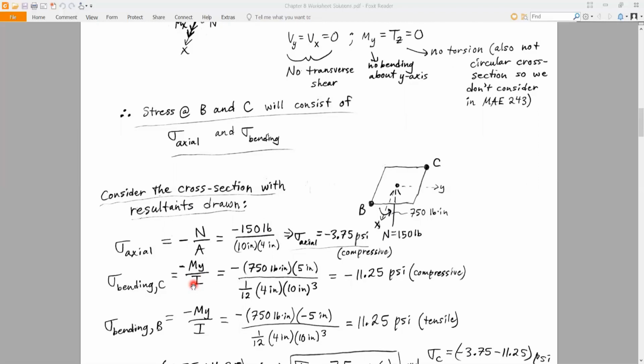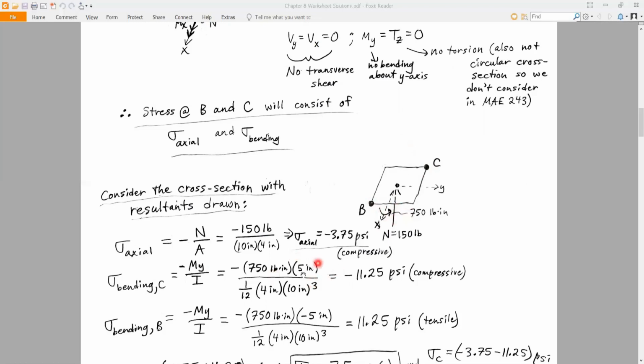Basically, we found that the moment where your thumb is pointing in the positive x direction is one that's going to cause compression over on this side of our cross-section. So our centroid here, neutral axis here, means we're going to be in compression at C and tension at B. So this arrow for our moment is showing that it's bending it toward C, so that part's going to be in compression, and B is going to be in tension.